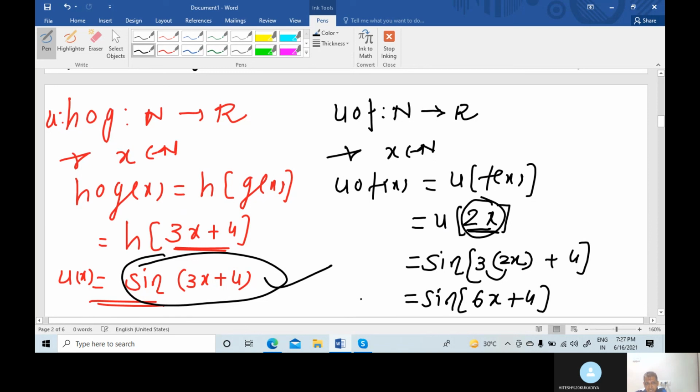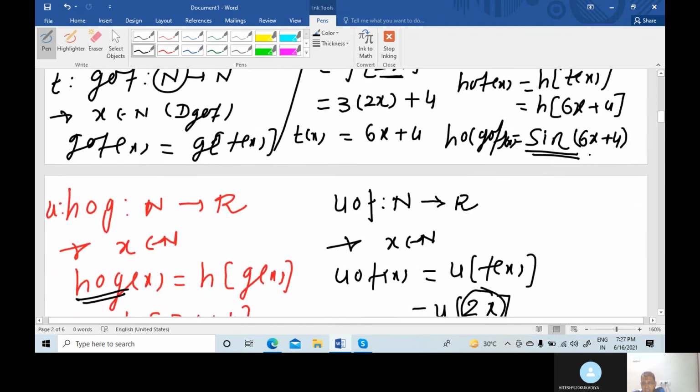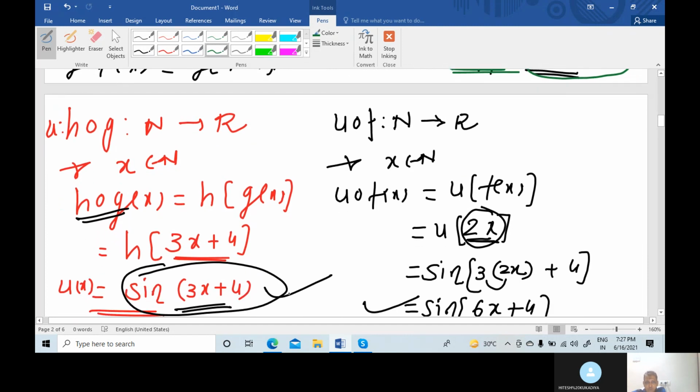Check your answer, both are right. Now we compare the answers. LHS is sin(6x + 4), that is h∘(g∘f), and here the last answer is u∘f, that means (h∘g)∘f of x.